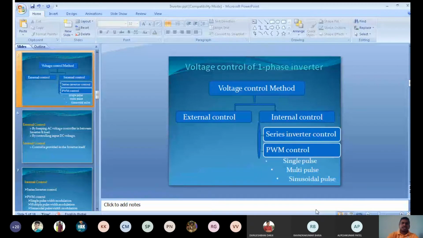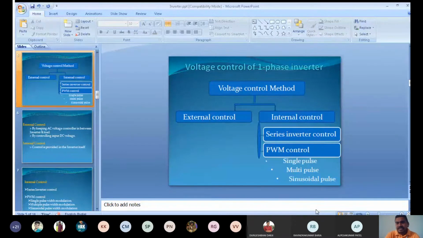From the names we can understand the difference. In the external control method, the output voltage of the inverter is controlled externally, that means outside of the inverter, not in the inverter itself. Whatever devices we use to control the output voltage are external.